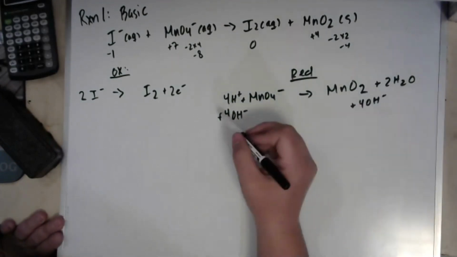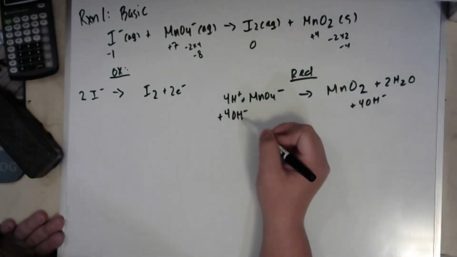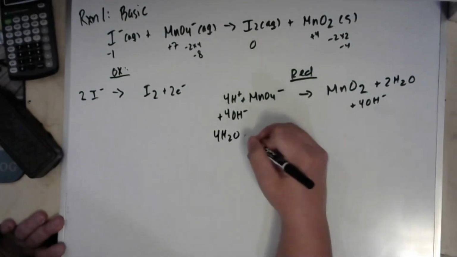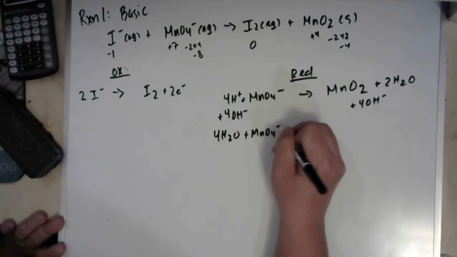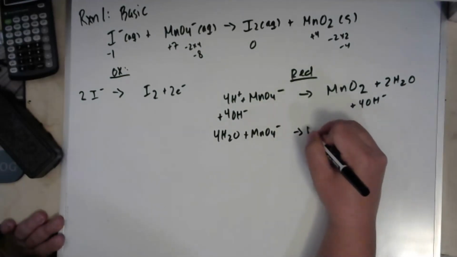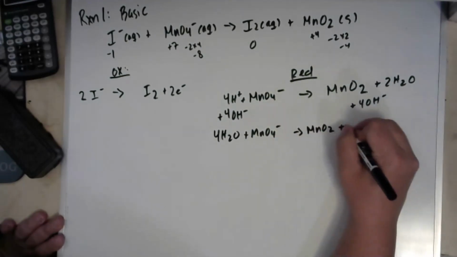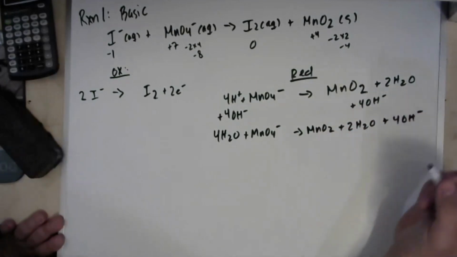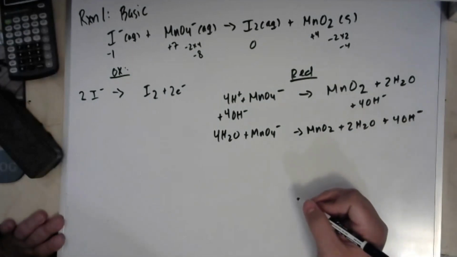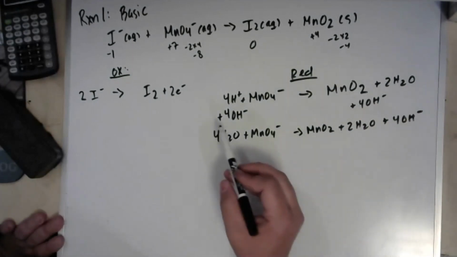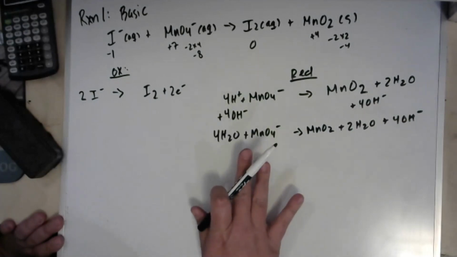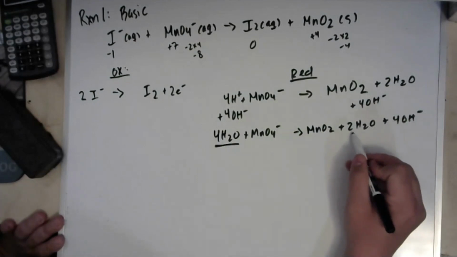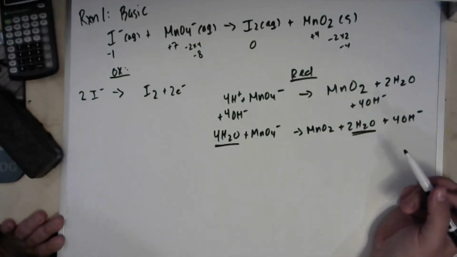My 4 hydrogens plus my 4 hydroxide ions are going to create 4 waters. And then over here, I'm going to have MnO2 plus 2H2O plus 4OH-. Now, what we discussed before comes into effect regarding the same species on opposite sides of our reaction arrows.